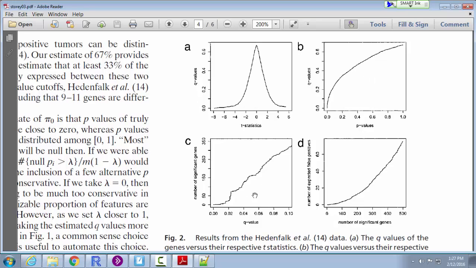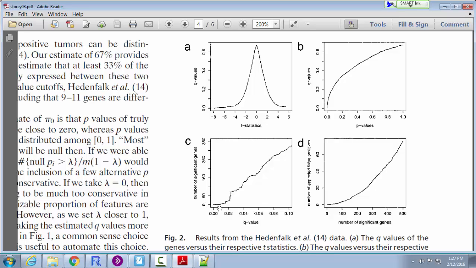Here's a picture that gets towards Mitchell's question about choosing, like, what should my FDR threshold be, say. For all my thousands of features, I have a Q value. Plot the Q values versus how many genes or features do I get for that FDR.